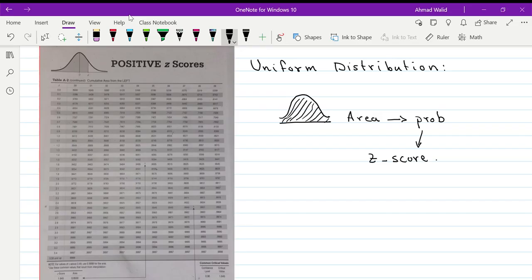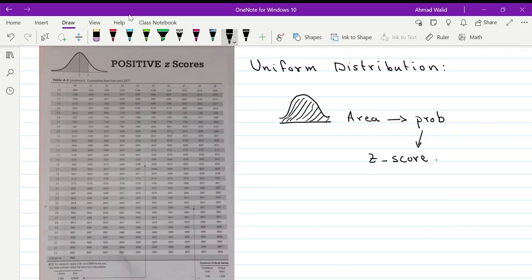That's our goal, and I'll try to explain how you can translate the area under this bell-shaped curve as a probability, and how to find the probabilities of continuous variables using the z-score.